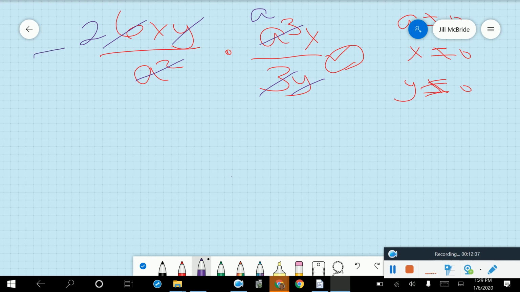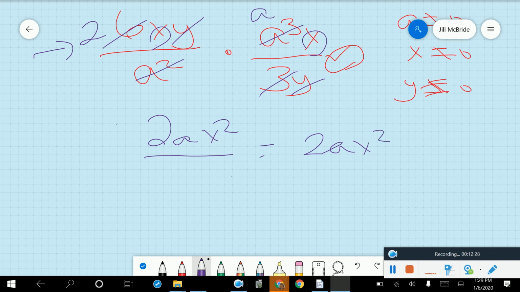So I'm going to multiply straight across the numerator, would give me 2a and an x squared, because I have an x and an x. And in the denominator, everything canceled. So I guess it's over nothing. 2ax squared. And that's my simplified fraction.